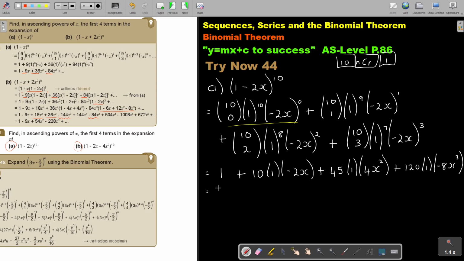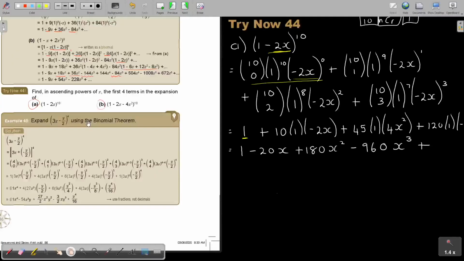So now if I simplify, this is 1, this is going to be negative 20x, and then I'm going to say 45 times 4, that's 180, so it's plus 180x squared, and then 120 times 8, and that's negative 960x to the power of 3. Okay, and that was my first 4 terms.